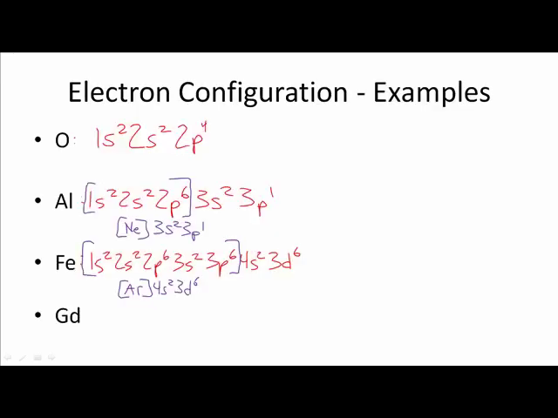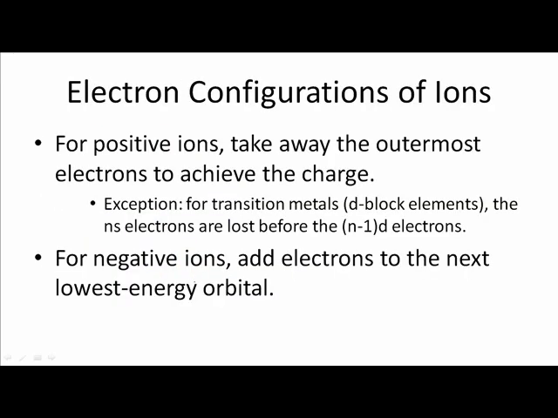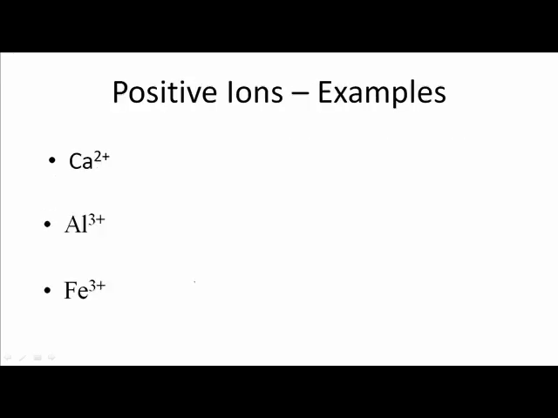Now, what we've been talking about so far are just neutral atoms. If you have ions, that just means an atom has gained or lost electrons. If it's a positive ion, you just take away the outermost electrons. If it's a negative ion, you just add extra electrons to it. So for example, if I were going to do calcium 2+, I would start with calcium.